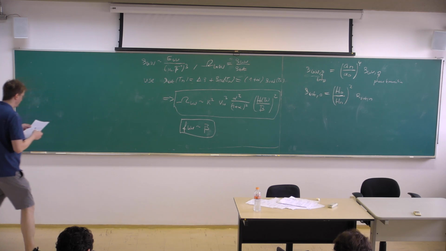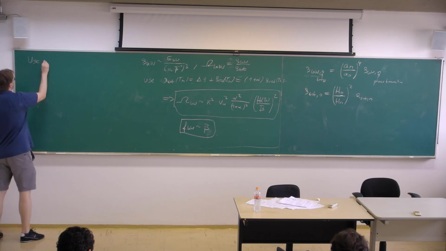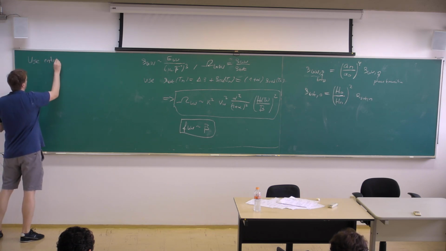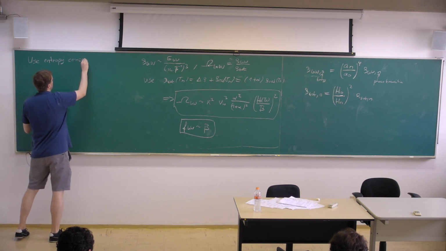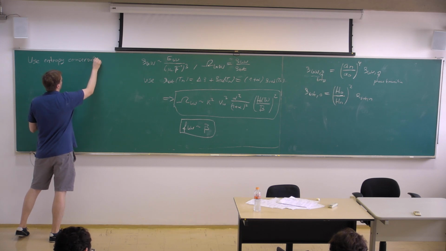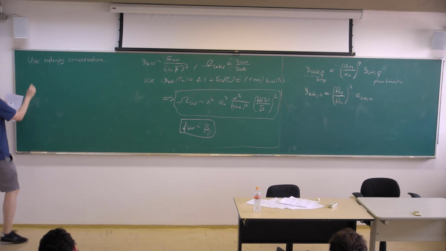I'll just write this down so that you can check it at home if you want. All these calculations are very simple. So I use the fact that entropy is conserved to a very high precision, which gives me the following relation.